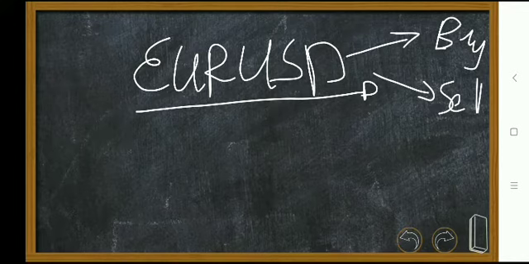If you can do your own analysis, you can use your own strategy to come to this buy or sell conclusion. And if you have a signals provider, they will tell you to buy or sell whichever currency pair. So in this example, throughout I'll be using Euro USD. So let's get into it.